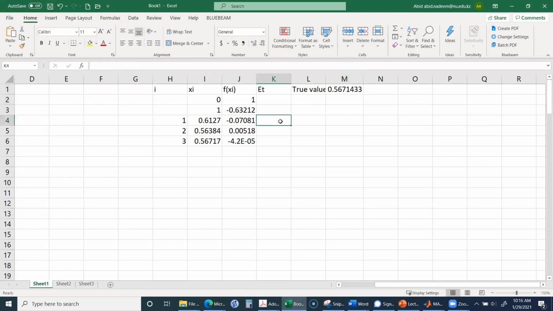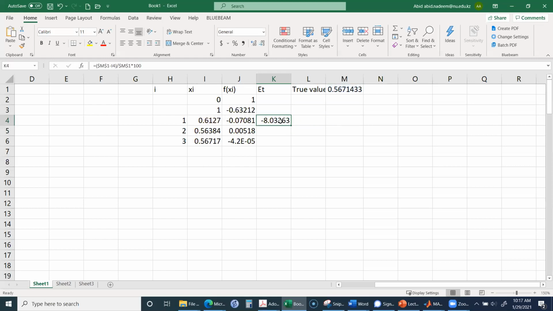So if I compare these values with the true value, then I can find the true percentage error. The formula is the true value, which is here and we will fix it, minus the estimated value, divided by the true value, and multiplied by 100.